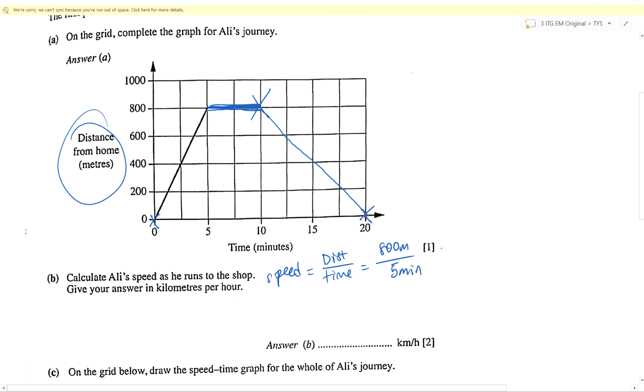So you don't have to be confused about the change in units. All you need to do is to just change the distance from meters to whatever they want, kilometers. So 800 divided by 1000, and we get kilometers. Divided by 5 minutes, change it to hours. 5 divided by 60 in hours. And you get, what do you get? 9.6.